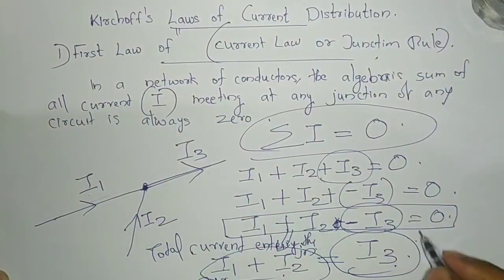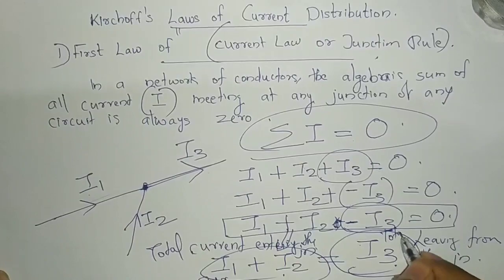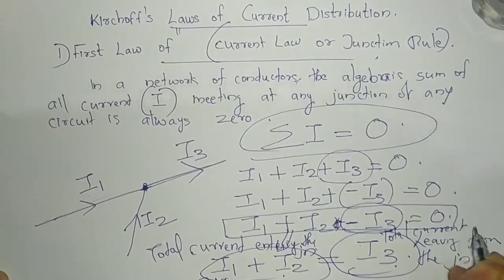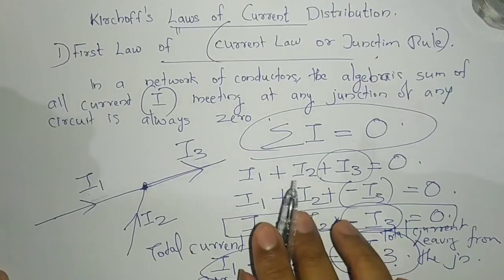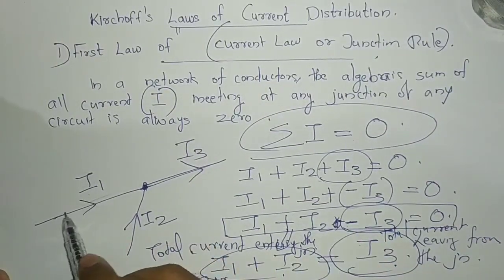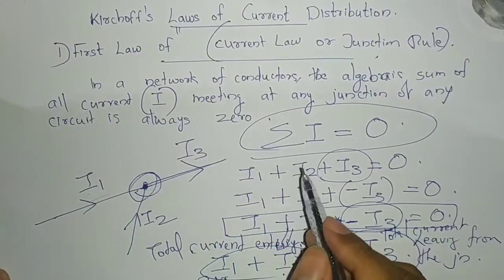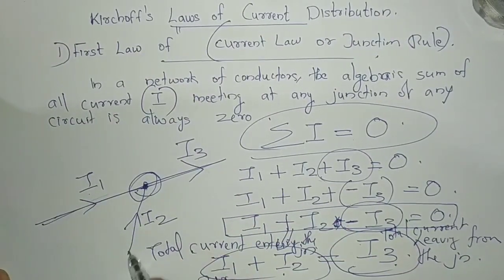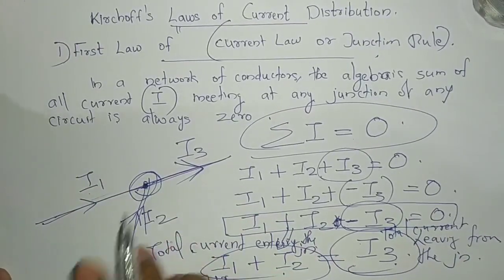What is I3? I3 is the total current leaving from the junction. These two are statements of Kirchhoff's first law, known as the current law or junction rule. The total algebraic sum of all the currents at a junction will be equal to 0. Otherwise, the total current entering the junction will be equal to the total current leaving the junction.